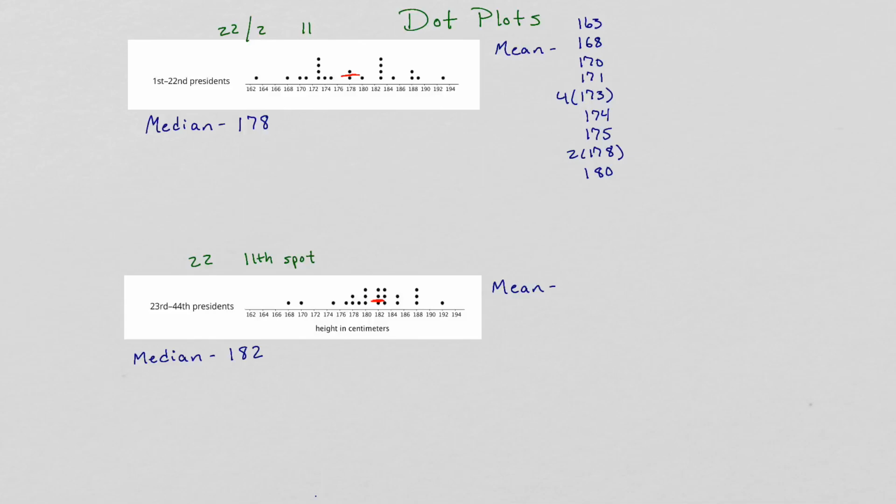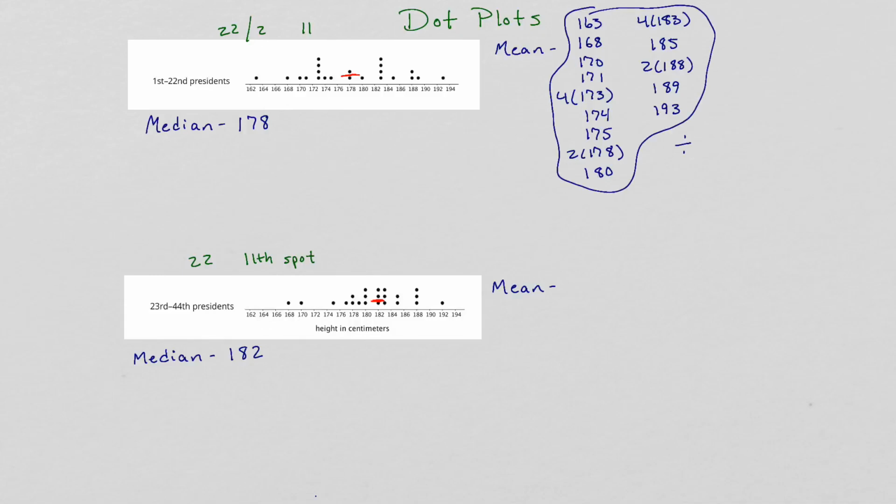I'm going to go up here, but the next one, 4 183s. Then we had 1 185, 2 188s, a 189, and a 193.